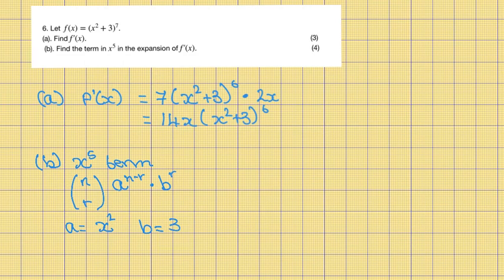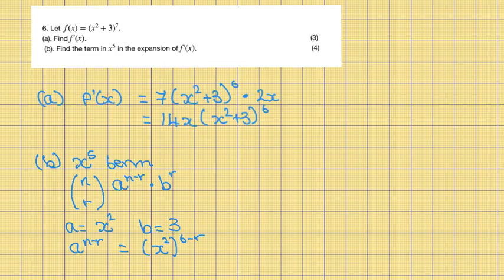We want n minus r, which equals 6 minus r, because it's raised to the power of 6.